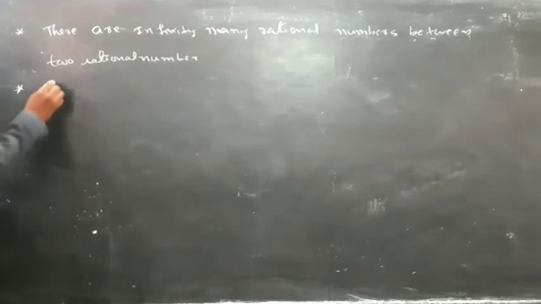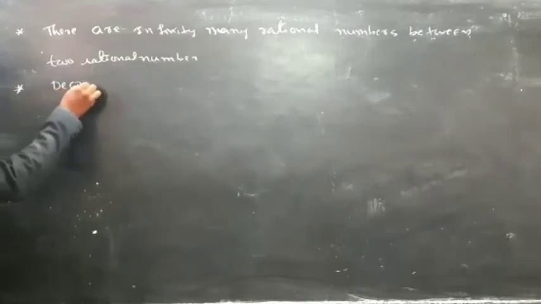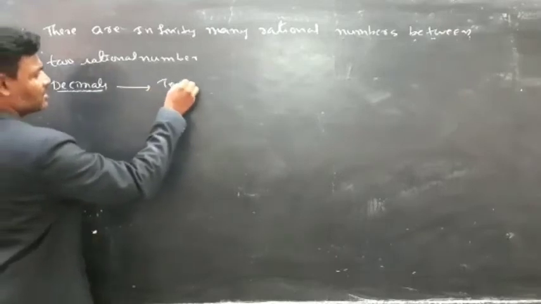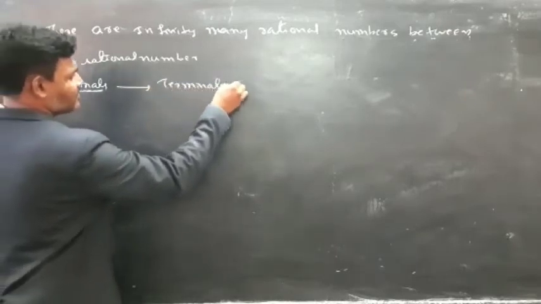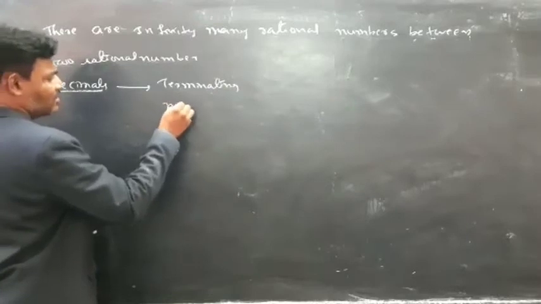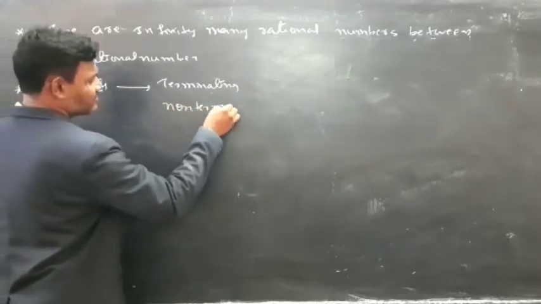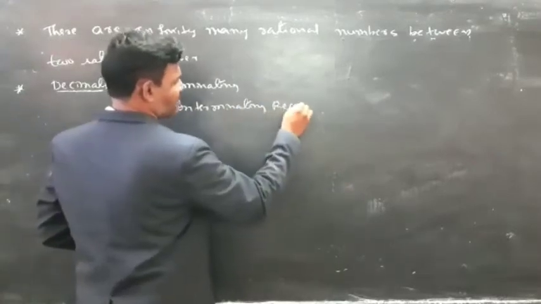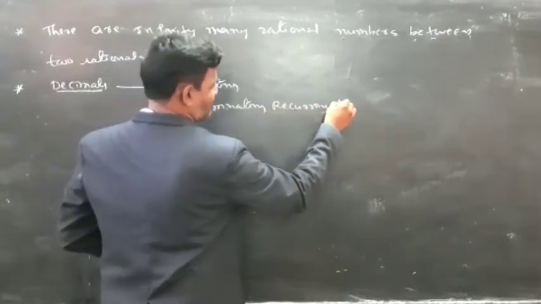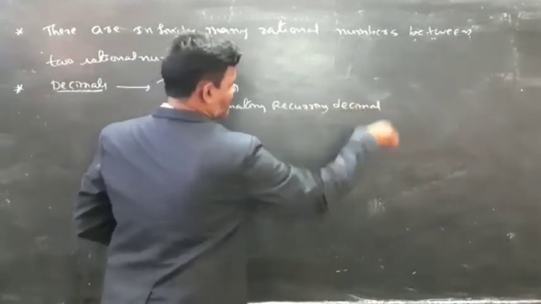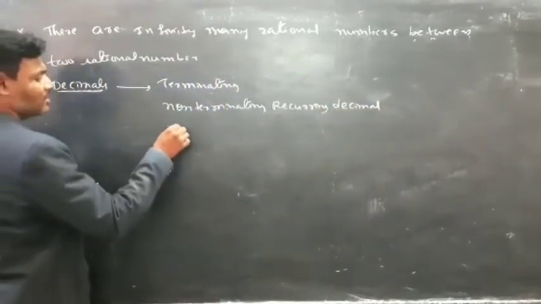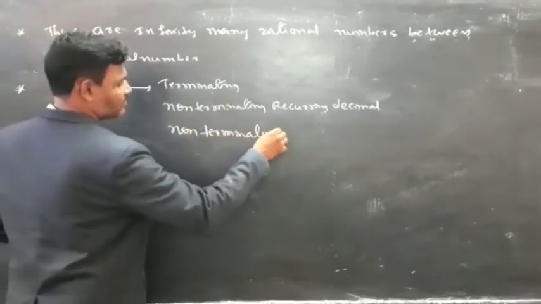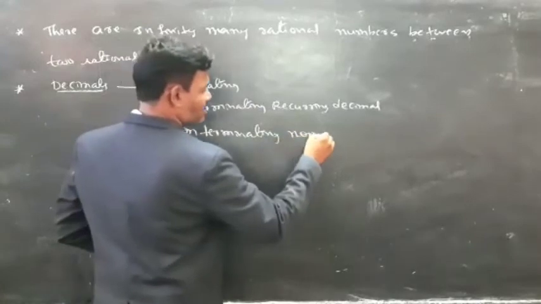Next, yesterday we discussed decimals. Decimals are of three types: terminating decimals, non-terminating recurring decimals, and non-terminating non-recurring decimals.